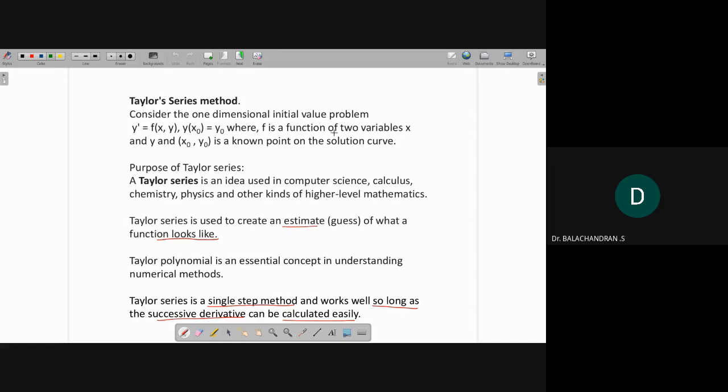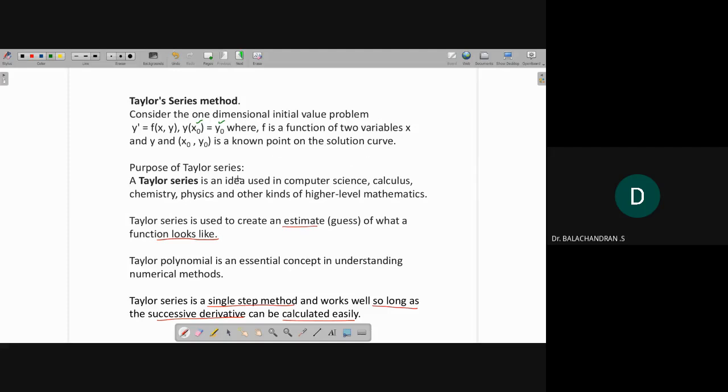Consider the one-dimensional initial value problem: dy by dx is equal to y dash is equal to a function of x comma y, where y of x naught equals y naught, where f is a function of two variables x and y, and x naught comma y naught is a known point on the solution curve.